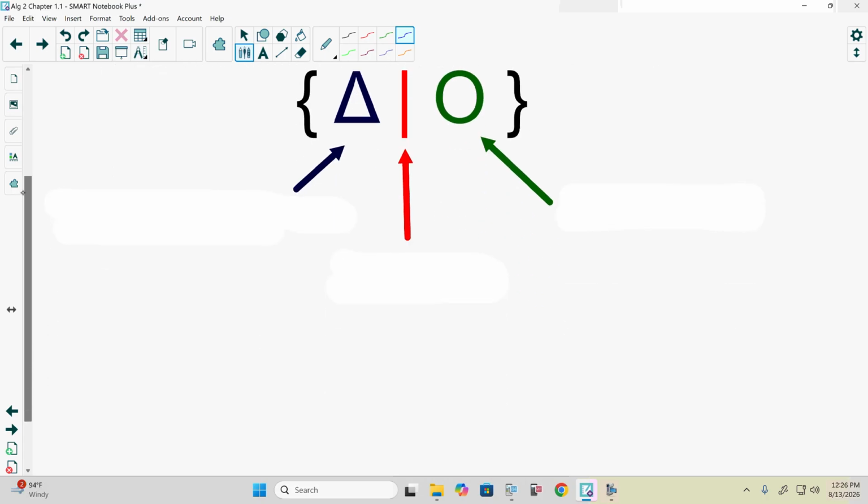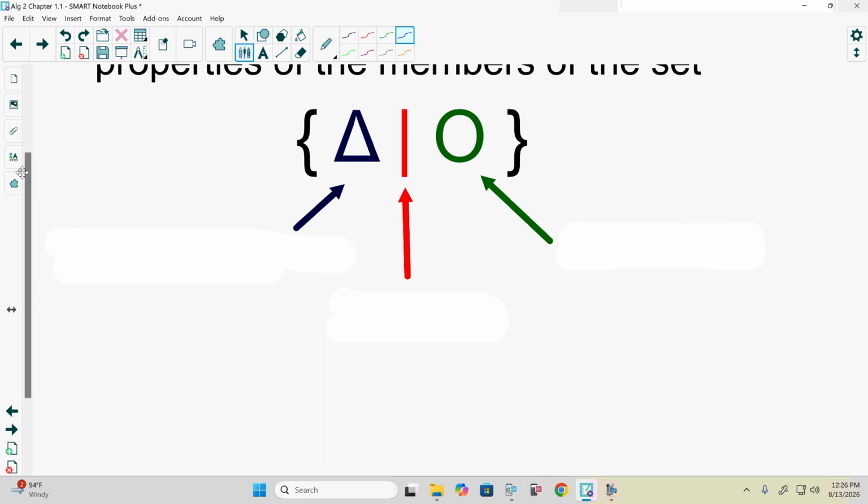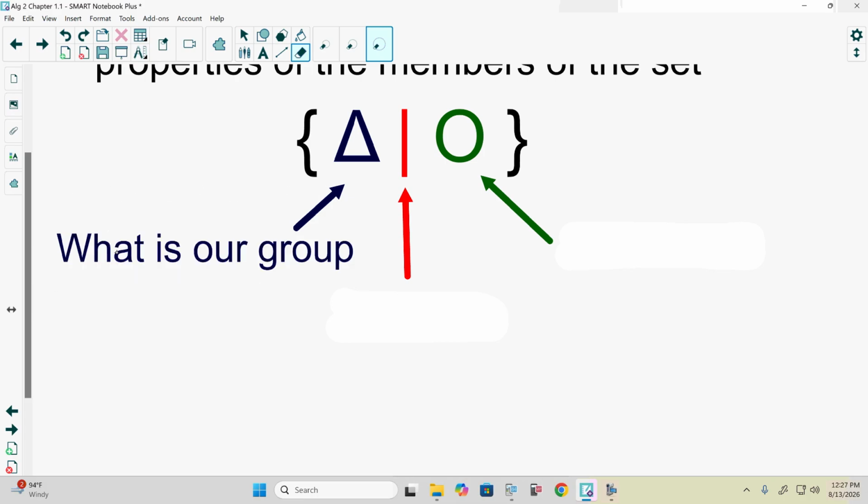Now, for the longest time, I actually had something in this other than a triangle and a circle, but I feel like this is going to be easier for us to grasp than having something we're more used to seeing. Now, in the triangle spot, what goes in this place is a description, or we write and describe what is our group.